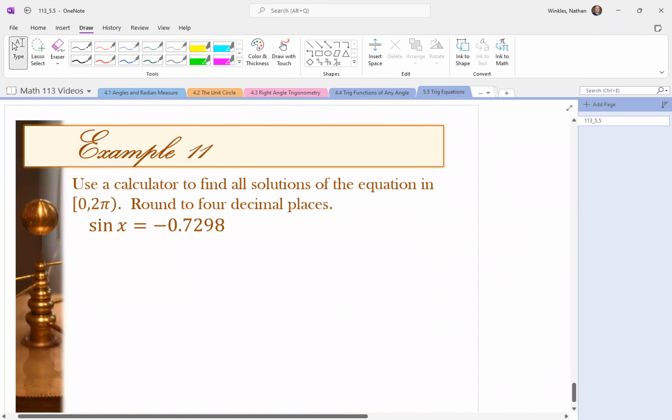For our last example here, we're told to use a calculator to find all solutions of the equation inside of 0 to 2 pi for our given value here.